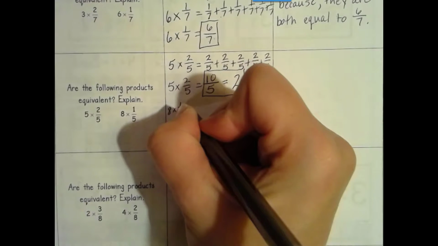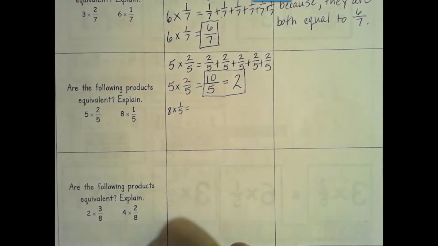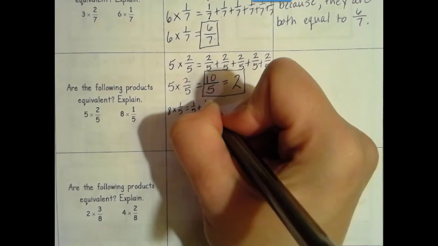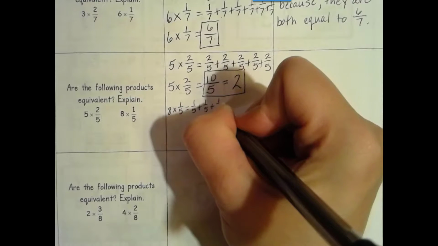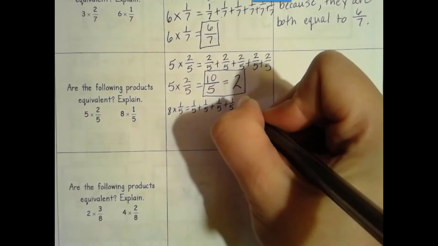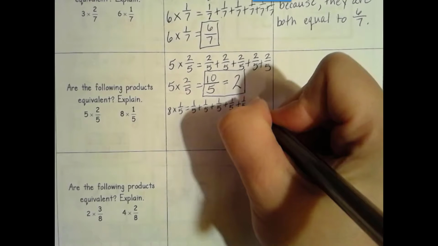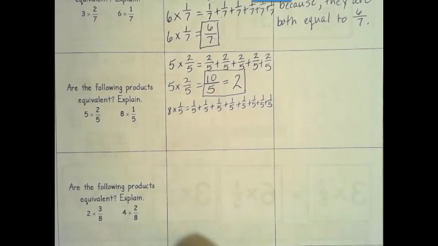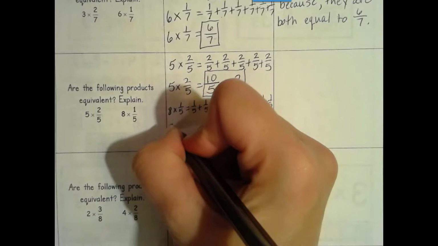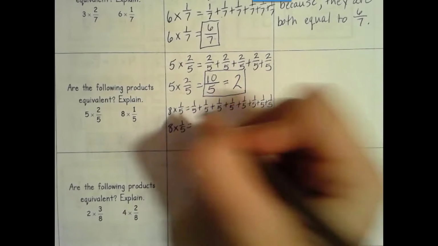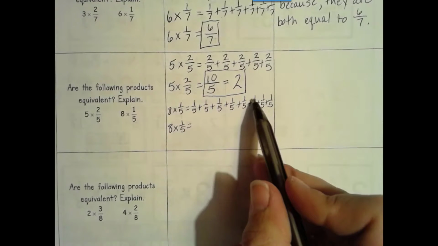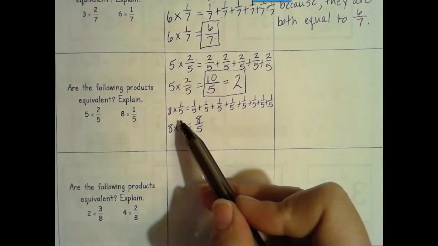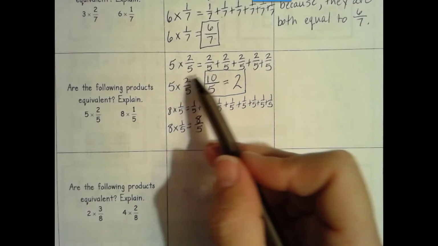They are both correct. 8 times 1/5, I'm going to write a little bit smaller because I need to get 8 of them in there. So there's 1, 2, 3, 4, 5, 6, 7, 8 joined together. 8/5. 8 times 1 is 8. 5 times 2 is 10.